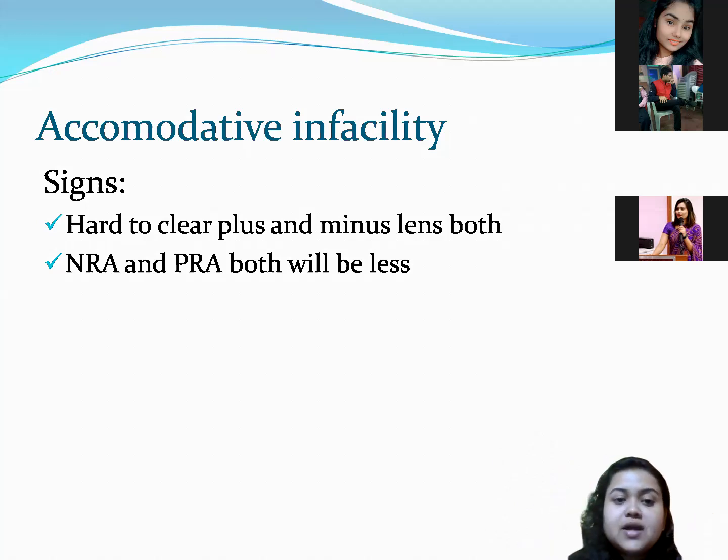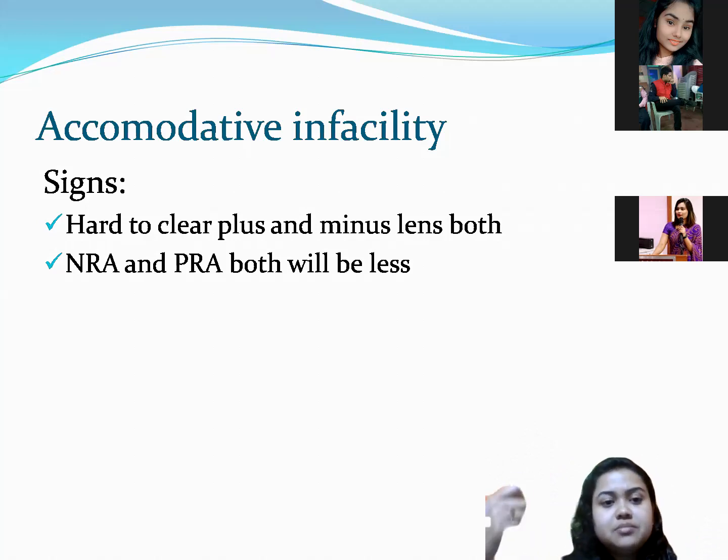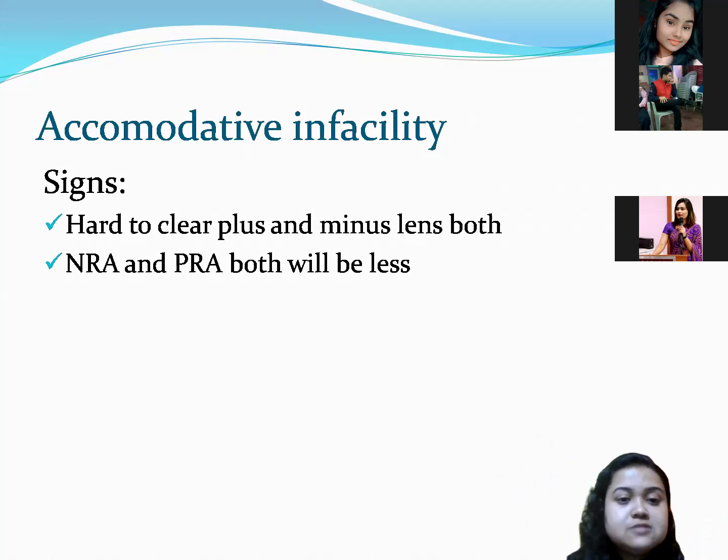Suddenly, if I have to look at near, I should be able to make it clear. Means you should be able to relax your accommodation properly. Also, you should be able to stimulate your accommodation properly. So that is basically your accommodative facility, what we are testing through the accommodative flippers.